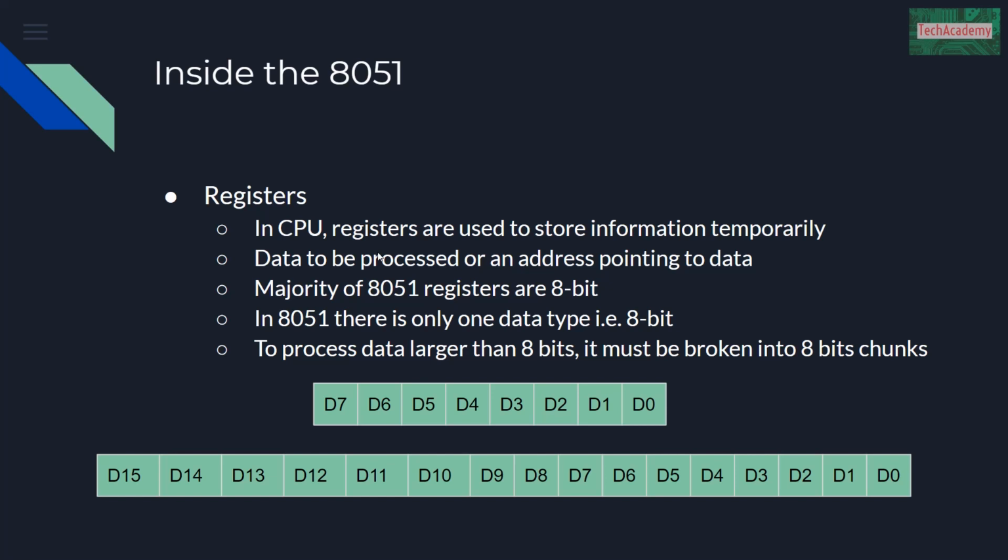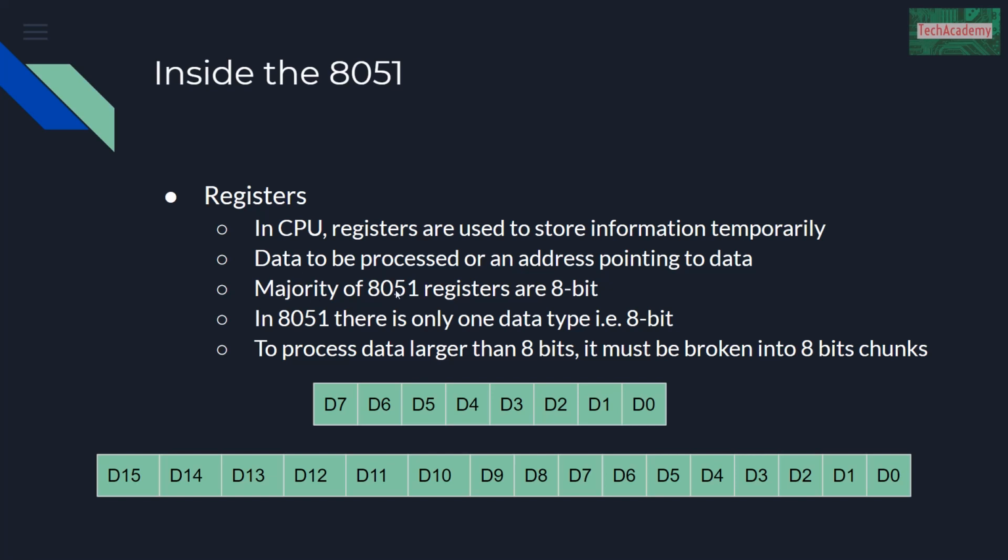These registers hold the data which we want to process, or they can hold the address of the data, like pointers which we use in C. Then what are the different registers?